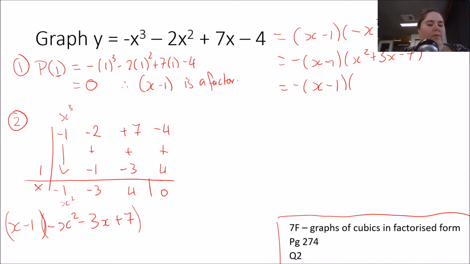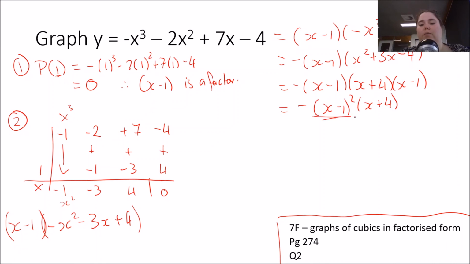I can't think of anything. Oh, because he's a 4. Shoot. That works much better. Plus 4 minus 4. So we're going to go x plus 4 and x minus 1. So this gets me x minus 1 squared, x plus 4.